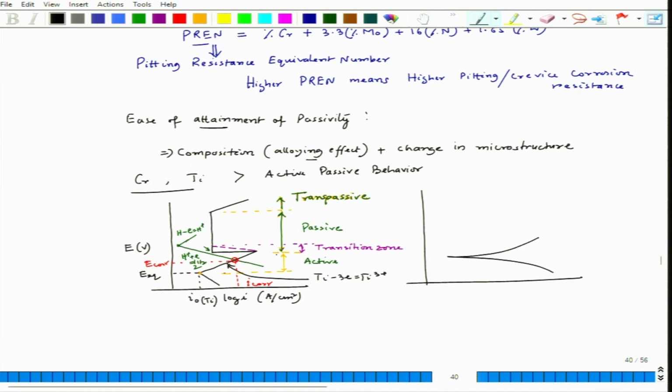And if we keep continuing the polarization, then the plot will look like this. So this will typically show active-passive. If we continue till the end of the active zone, then we will get this.